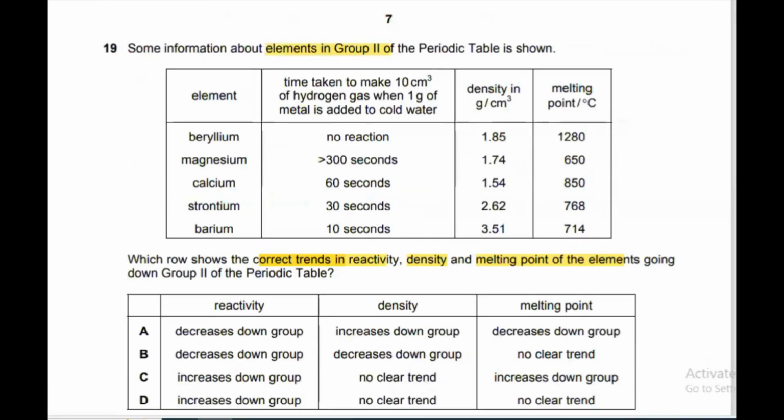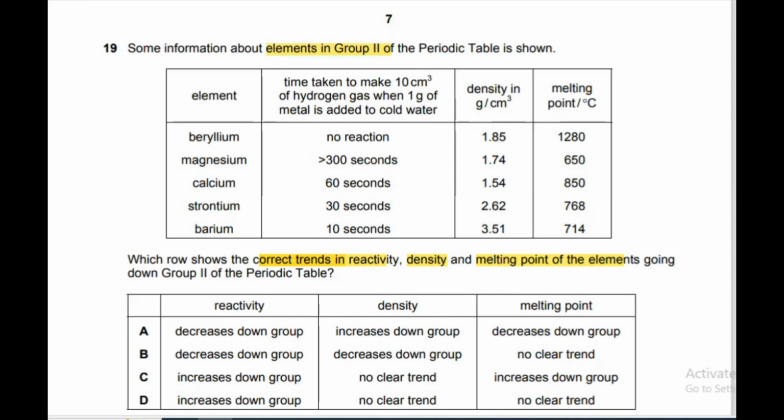Then, some information about elements in group 2 of the periodic table is shown: beryllium, magnesium, calcium, strontium, barium, the time taken to make 10 cm³ of hydrogen gas when 1 gram of metal is added to cold water, density in grams per cm³, and melting point.